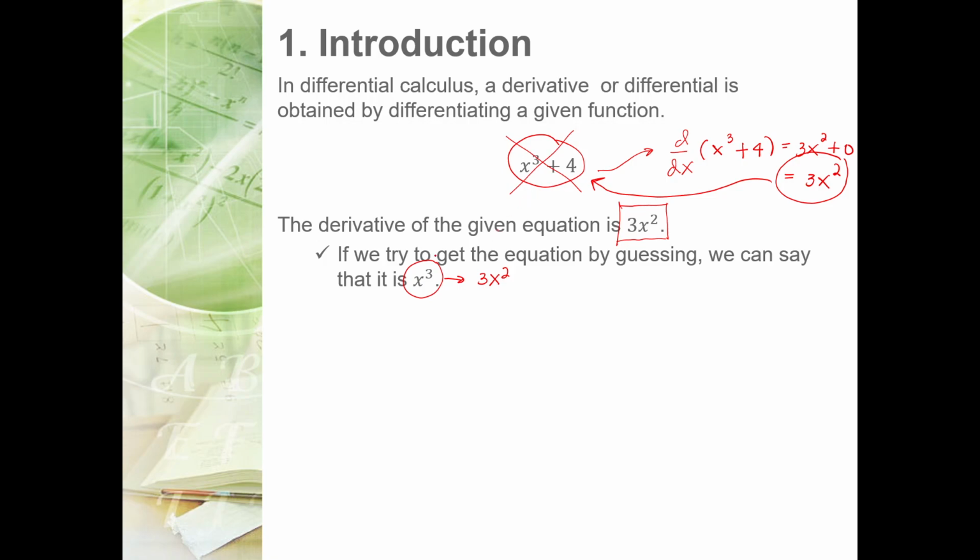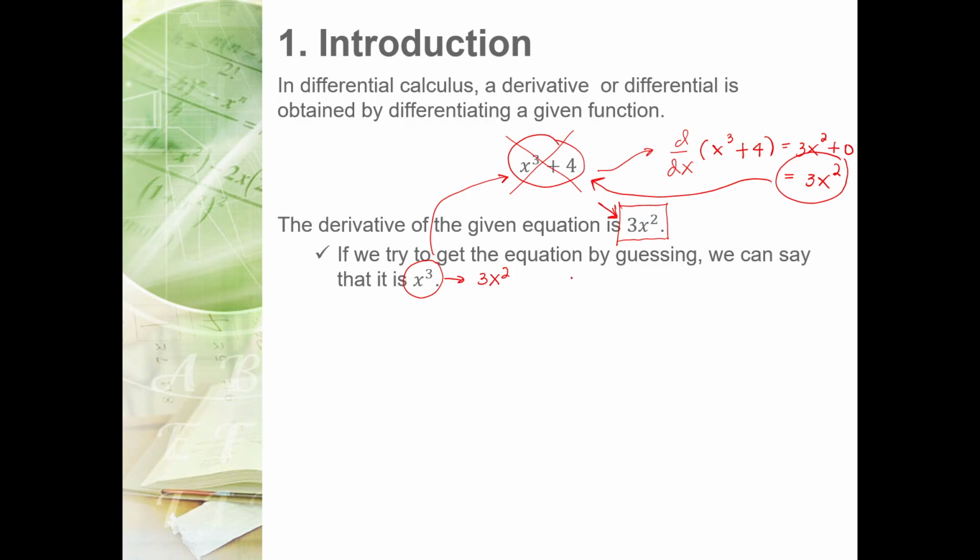Again, if you don't know x cubed plus 4 is the original equation and you're only given this derivative 3x squared, by guessing, we can just say that the original equation is x cubed. But it is not the original.